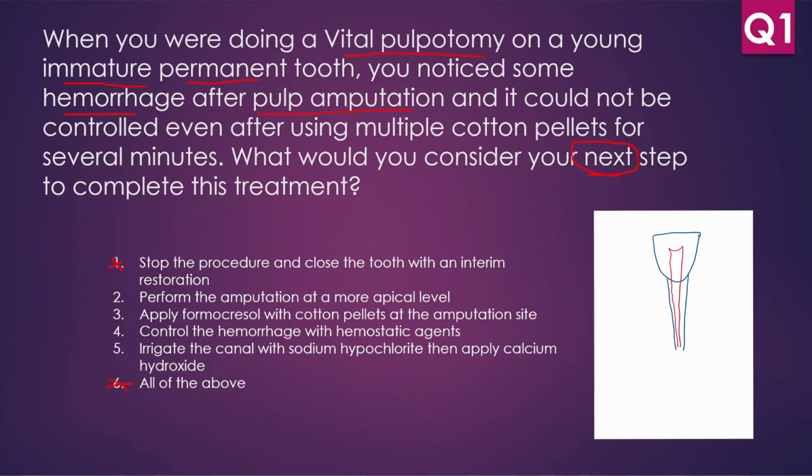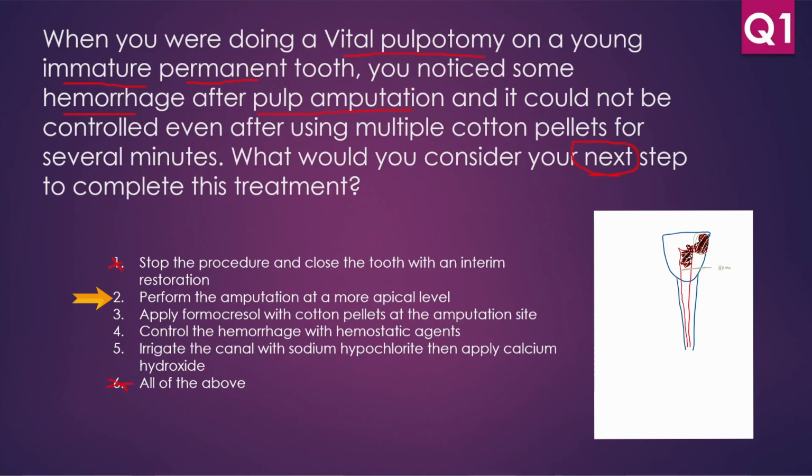This is our pulp area, and let's say the infection started from the coronal part and reached the pulp, and now this part of the pulp tissue is all infected. So what they're saying is that you do a pulpotomy and remove this part up till here, and when you do it up till here, you're still seeing some hemorrhage.